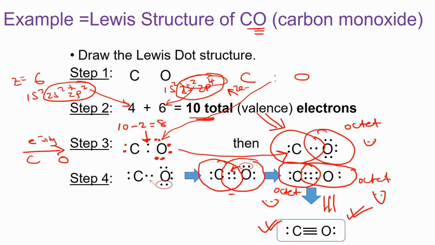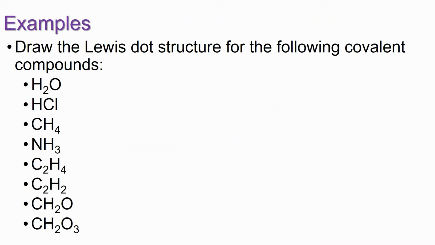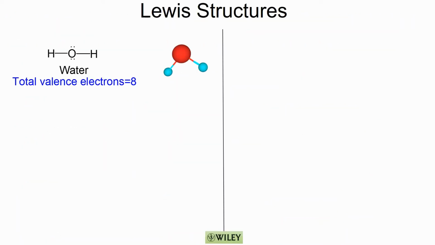So let's do some more examples. Alright, so for water, suppose you're not given this. Suppose you're just told to find the Lewis structure of H2O. Again, the first step is to draw your atoms looking for symmetry.